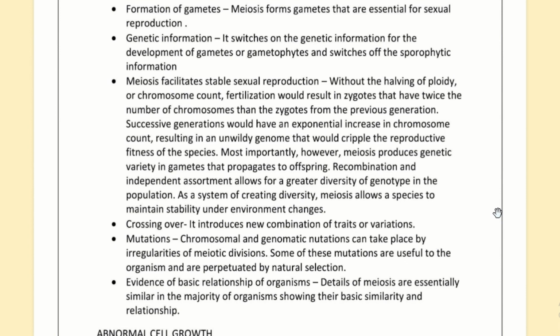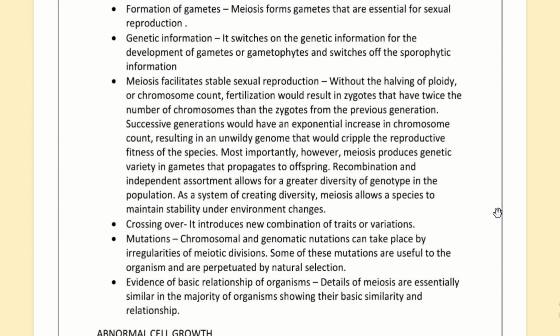fitness of the species. Most importantly, however, meiosis produces genetic variety in gametes that propagates to offspring. Recombination and independent assortment allow for a greater diversity of genotypes in the population. As a system of creating diversity, meiosis allows a species to maintain stability under environmental changes.